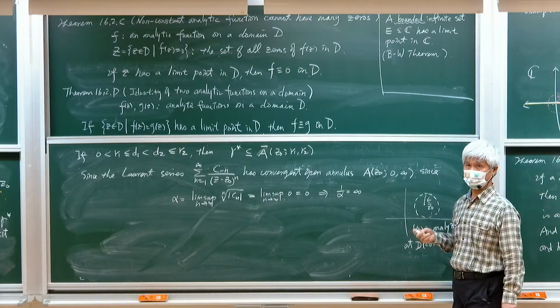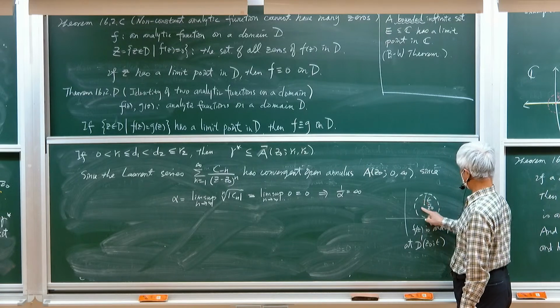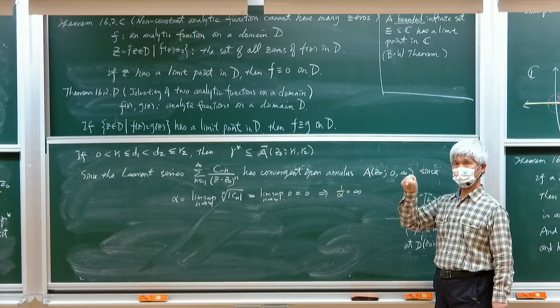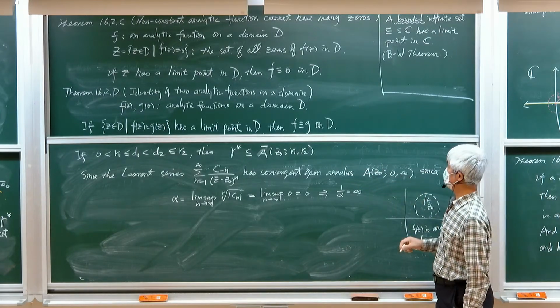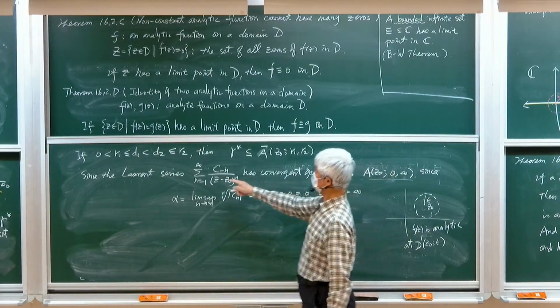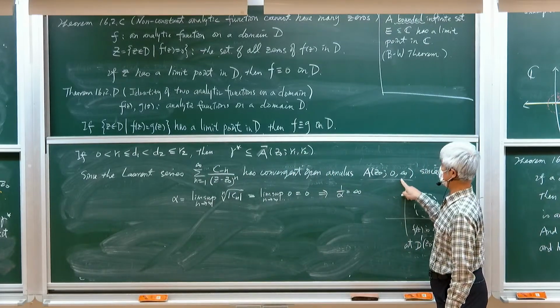But in reality, except z0, at all the points, this Laurent series should converge. So this Laurent series has a convergent open annulus.